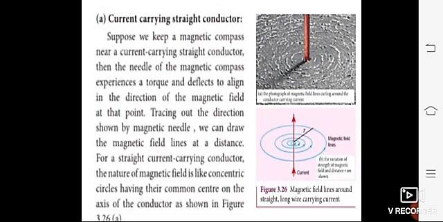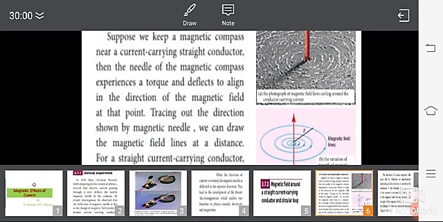First, I am going to explain the effect of the magnetic field when current passes through a straight conductor. Suppose we keep a magnetic compass near a straight current carrying conductor, then the needle of the magnetic compass experiences a torque and deflects to align in the direction of the magnetic field at the point.